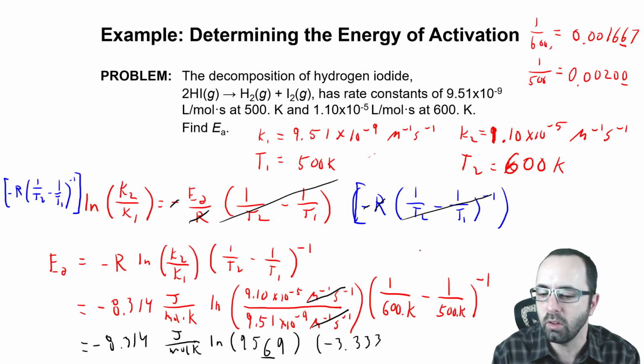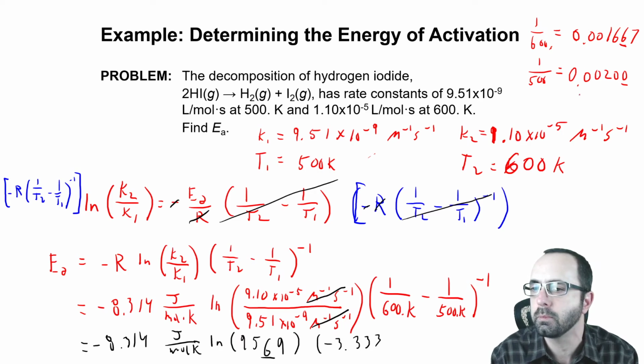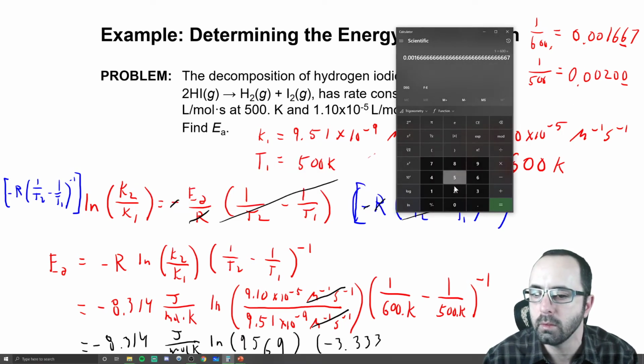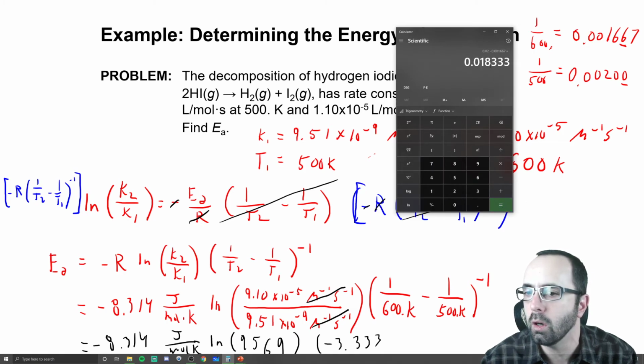We're actually going to end up with 2 sig figs in the end when we subtract, because when we subtract these two, 0.002 minus 0.001667, we're only good to 5 places after the decimal.